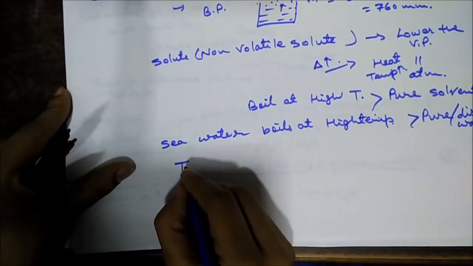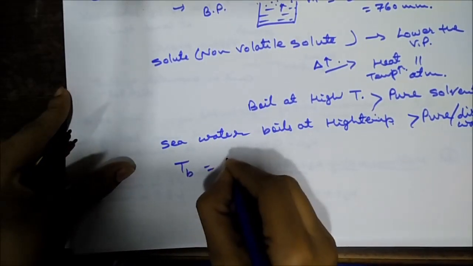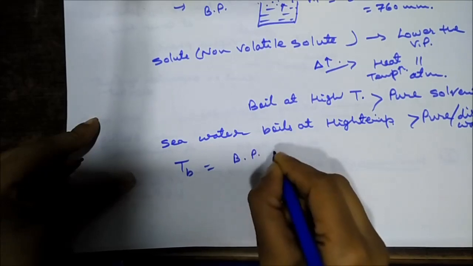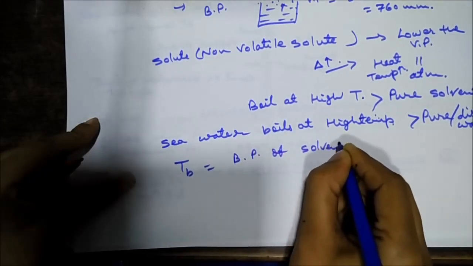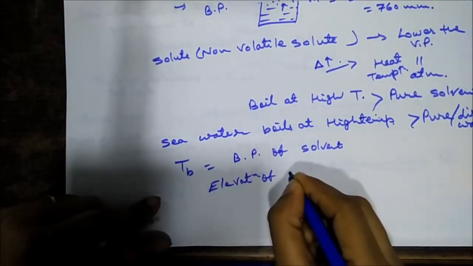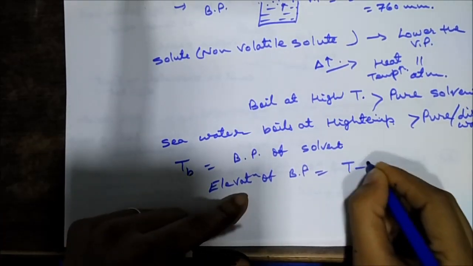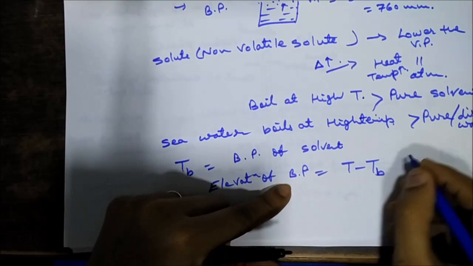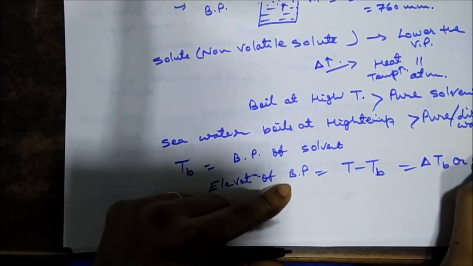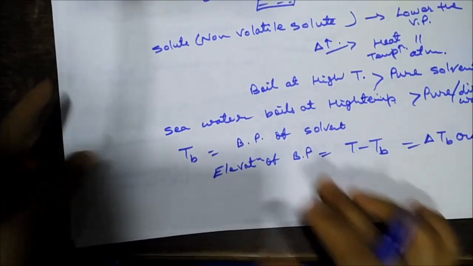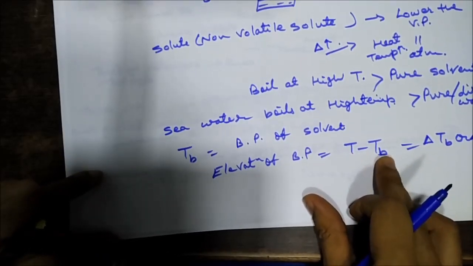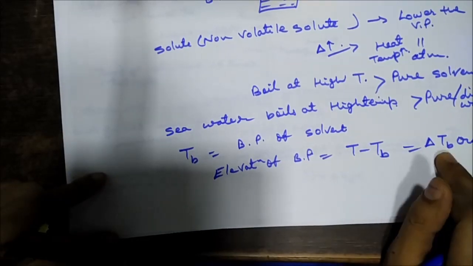The boiling point of solvent is TB, and we can write the elevation of boiling point as T minus TB, that is del TB, or we can write del T. T is for solution, and TB is the boiling point of pure solvent, and this is our elevation in boiling point.